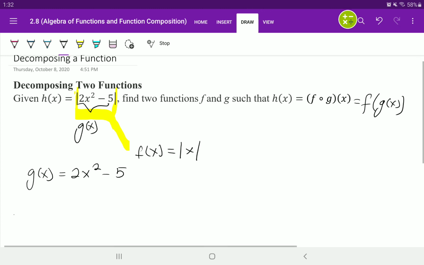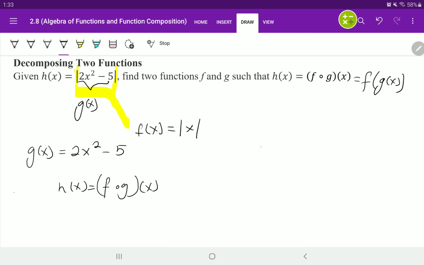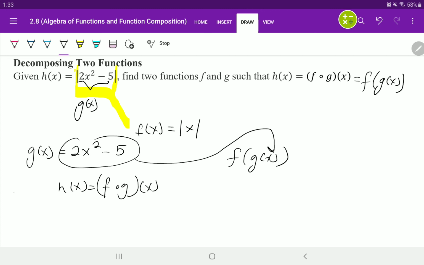And let's see, does that work out by checking our answer? Because remember, h of x must equal the composition of f and g. So let's see if that works out in this case. If we want to find f of g of x, and we just define g of x as 2x squared minus 5, I can replace the 2x squared minus 5 inside the parentheses for g of x, which makes it now f of 2x squared minus 5.